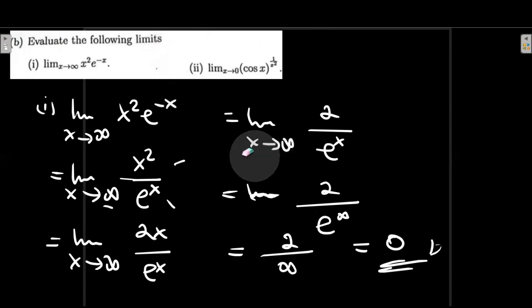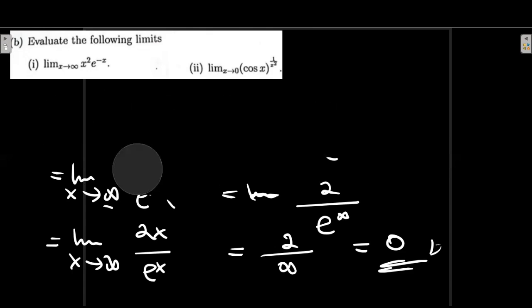Next, we have that other one. In this other one, you have the limit as x approaches 0 of 1 over cos x, and in the power there, you have 1 over x squared. So this is what you have.